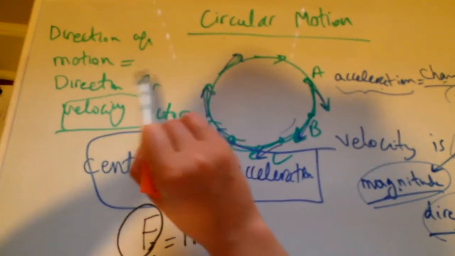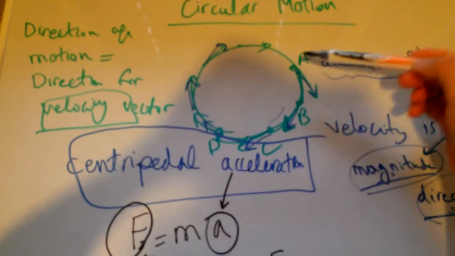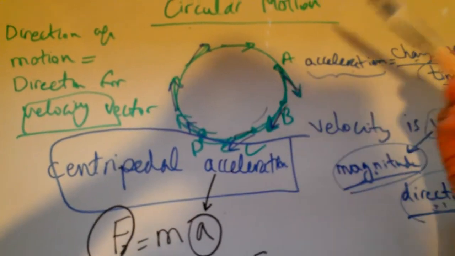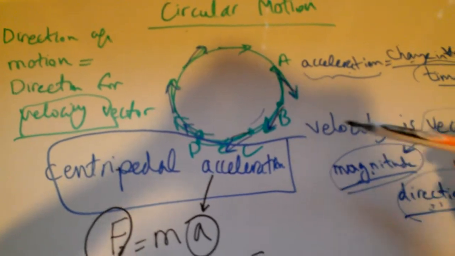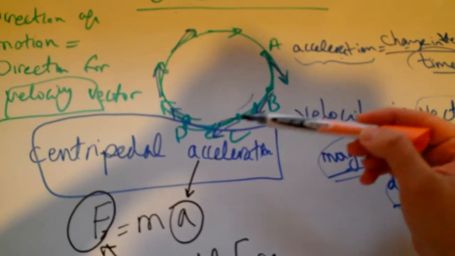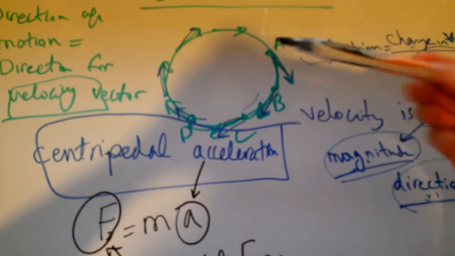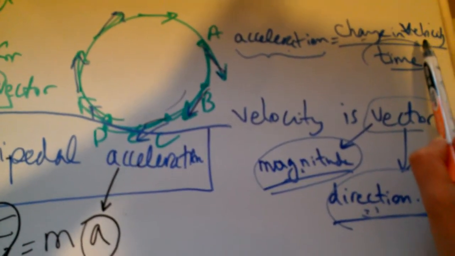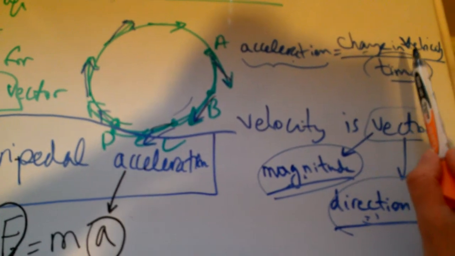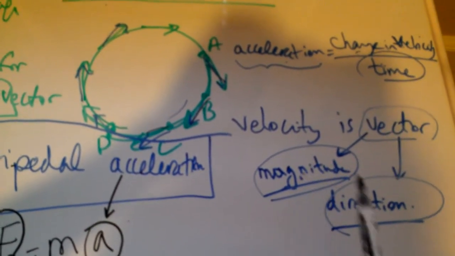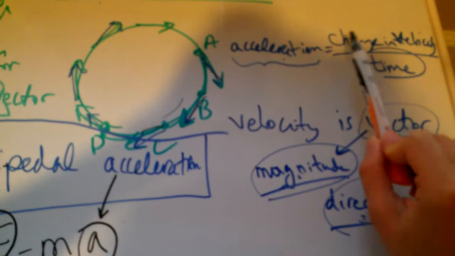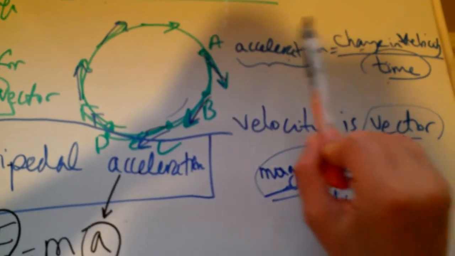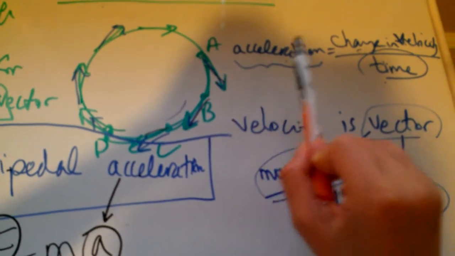Basically, direction of motion gives you direction for velocity vectors. So these are all direction for velocity vectors, as you can see. Now you see that velocity, because it's a vector, the direction of the vector is changing rather than its magnitude. Change in velocity, whether magnitude or direction, doesn't matter. As long as the velocity vector changes over some time, we get acceleration.